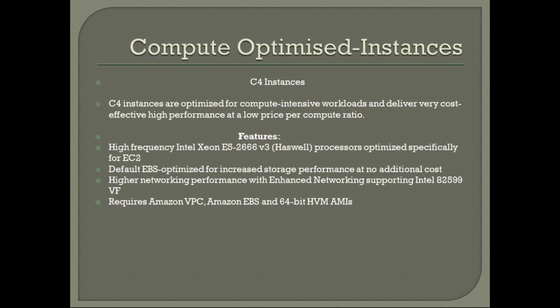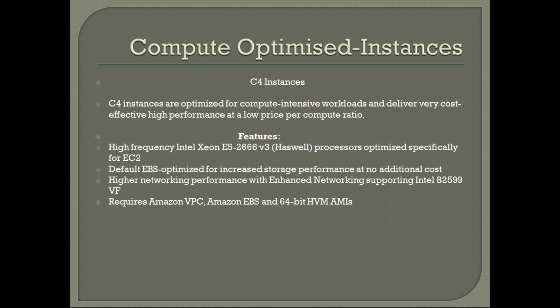So in a system, how does this computation happen? This computation happens mainly with the help of the CPU that you are loading inside the system. So as I said, C4 is for compute optimized workloads and delivers very cost effective high performance at low price per compute ratio. So these services are mainly provisioned in AWS for high computational work.